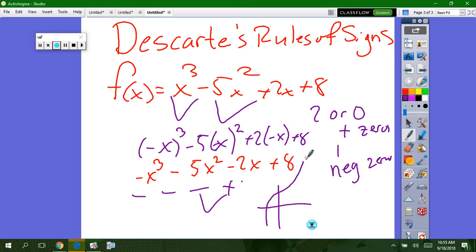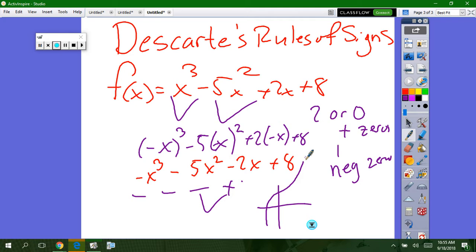And why do imaginaries always come in 2s? Anybody tell me? Plus or minus when I take a square root, right? Because remember, conjugate pairs always happen with imaginary numbers or anytime I take a square root. Correct? You guys agree with that? And that's why it could be dropping down by 2, because I could have 1 negative, 2 imaginary, that's still 3 zeros. Or what's our other choice? 1 negative and 2 positive.